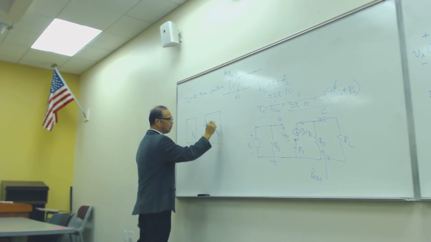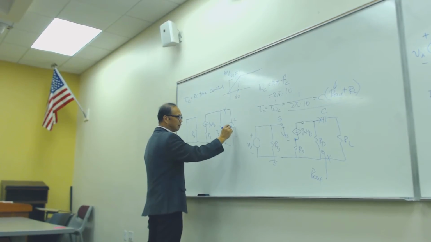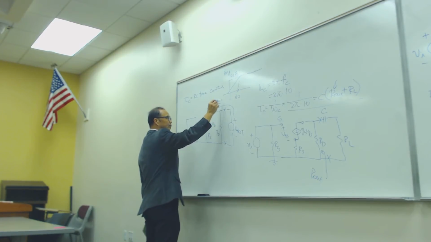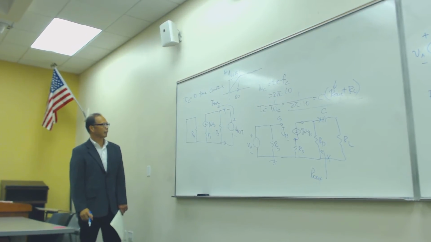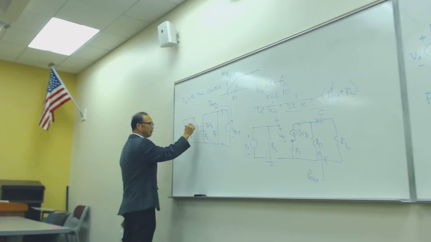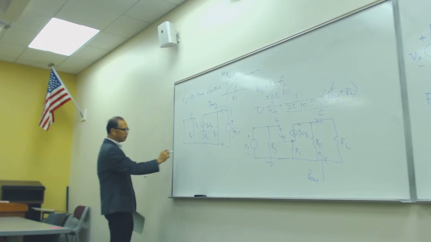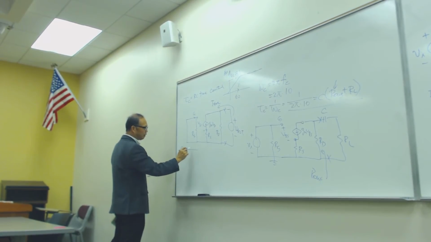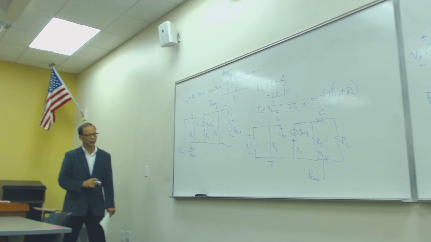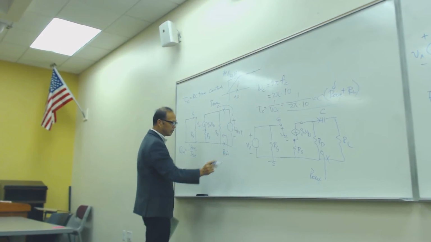Then I'm going to apply a test voltage, V test, and this will generate I test. Between here and here, that's V GS. So R out will be V test over I test. This is the output resistance.